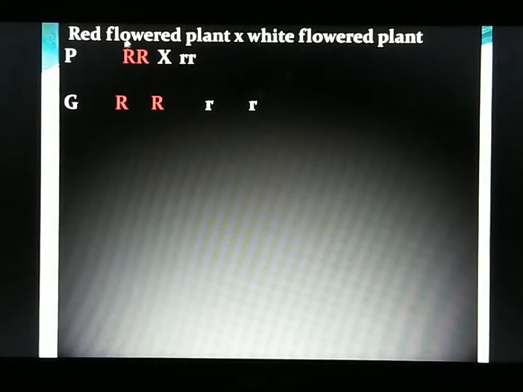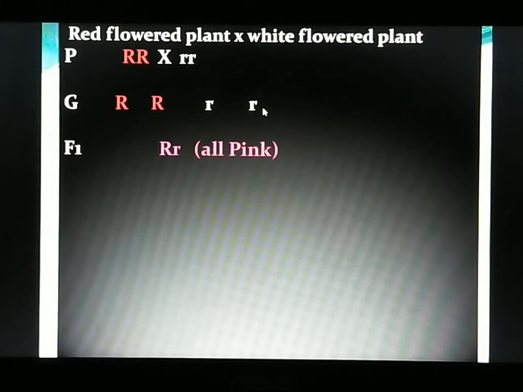Okay, from red flower we'll get capital R in one gamete, capital R in the other gamete. And for the recessive one, white flowers are the recessive one and red flower plants are the dominant one. So from the recessive plant we get small r in one gamete, again small r in the other gamete.